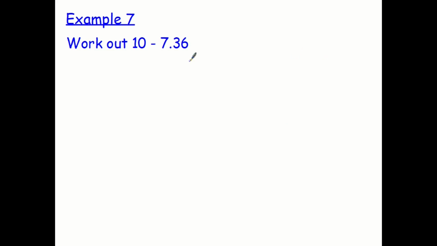Example number 7 is 10 take away 7.36. Okay, so let's write down the number 10. And you might be thinking, well, this is a bit confusing because where's the decimal point? Well, remember, any number can be written with a decimal point, but you can just write it like this, 10.00. But here I can see that this actually has 2 digits after the decimal point.